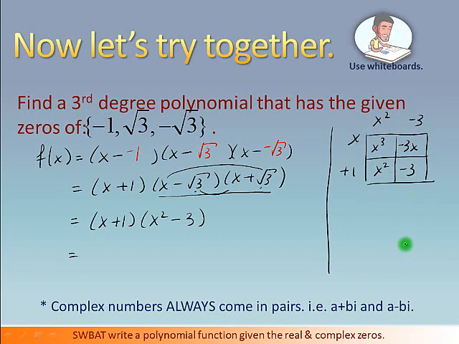I don't see any like terms, so I just have to write it from the highest exponent to the lowest, the constant. x to the 3rd plus x squared minus 3x minus 3. There we have it, our 3rd degree polynomial with the given zeros.